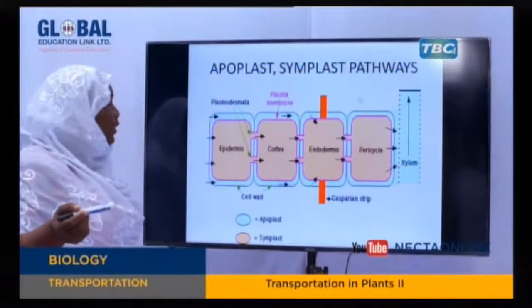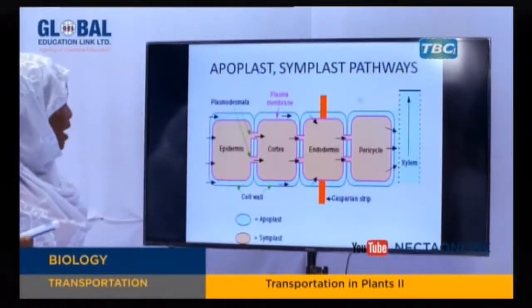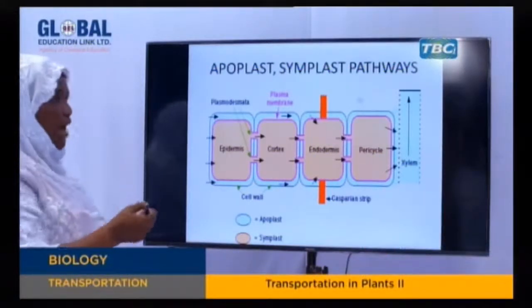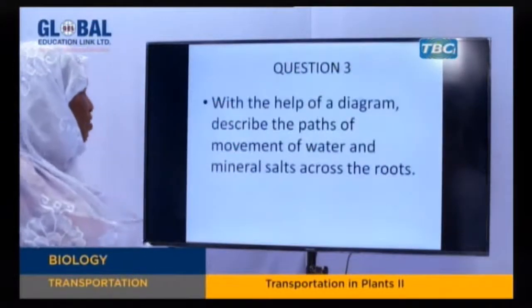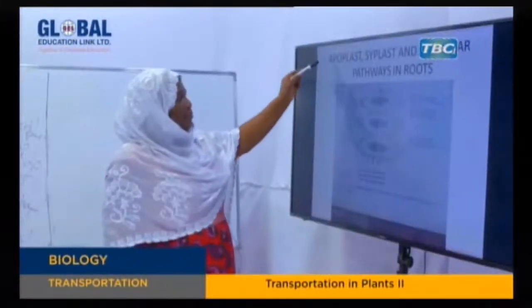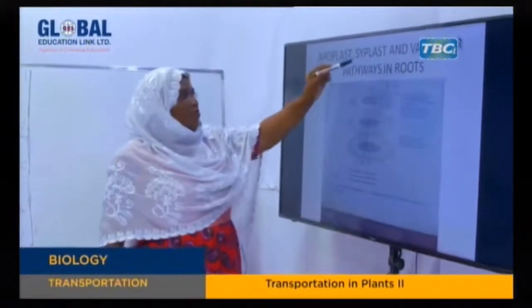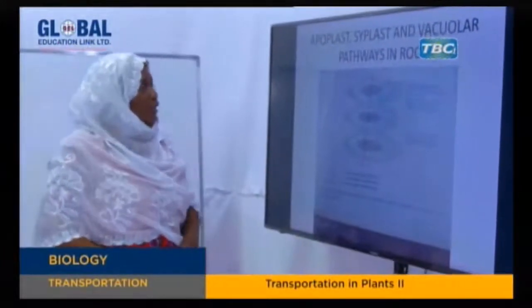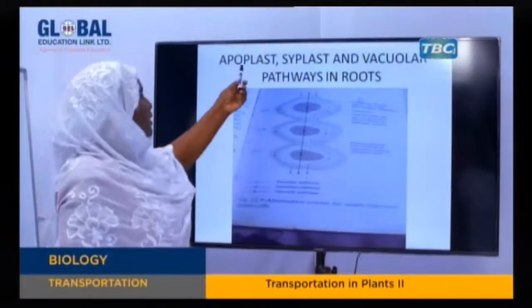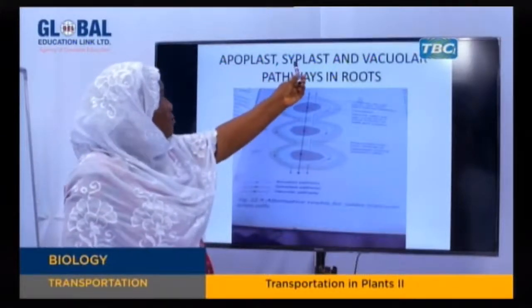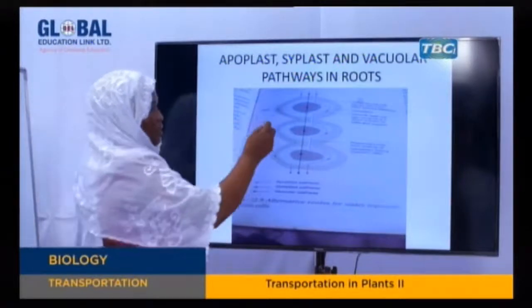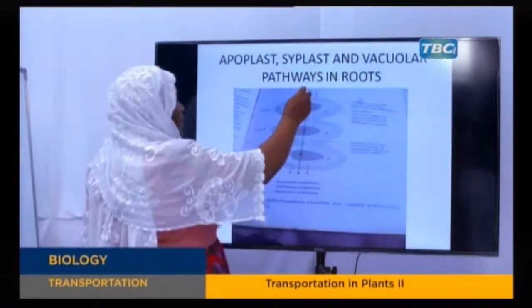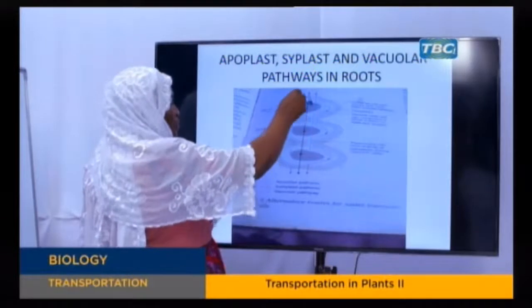Let me show you another diagram in order to visualize the vacuolar pathway. In this diagram, all the three routes have been indicated: apoplast pathway, symplast pathway, and vacuolar pathway. You see this arrow here in the middle.